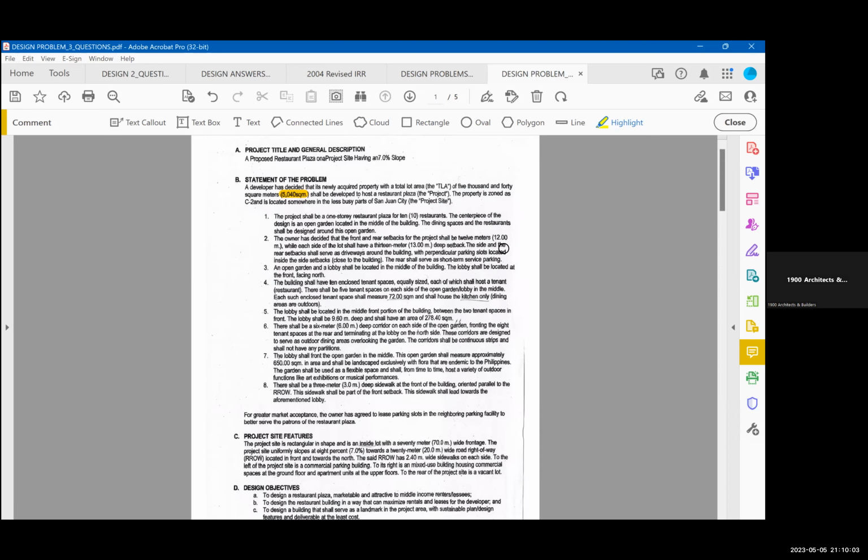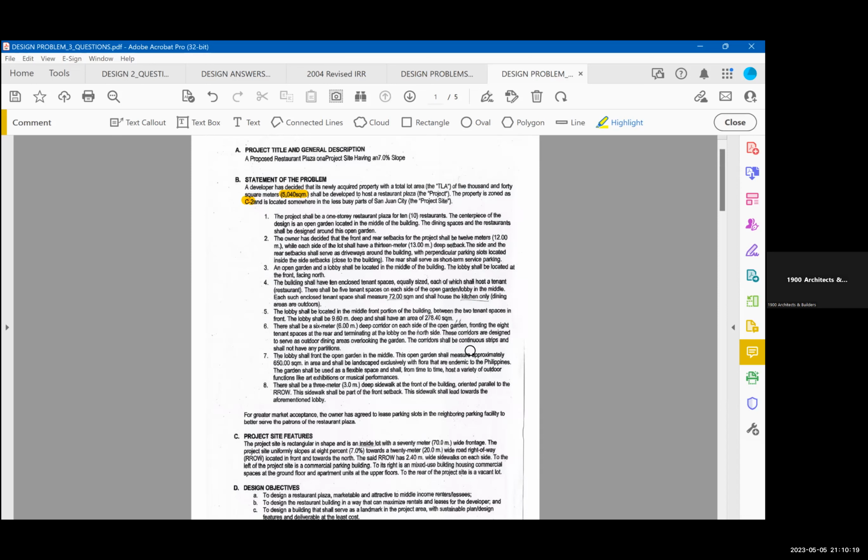The property is zoned as C2. Highlight ko na yung important. And is located somewhere in less busy parts of San Juan City, the project site.